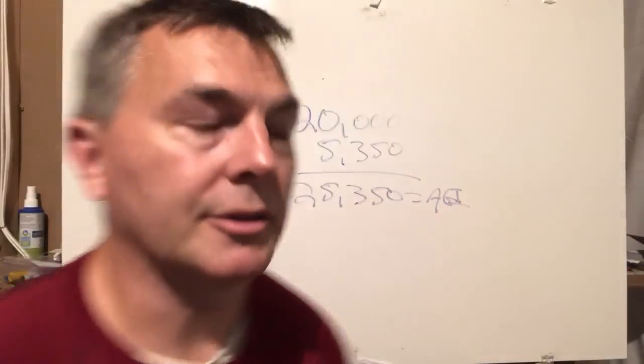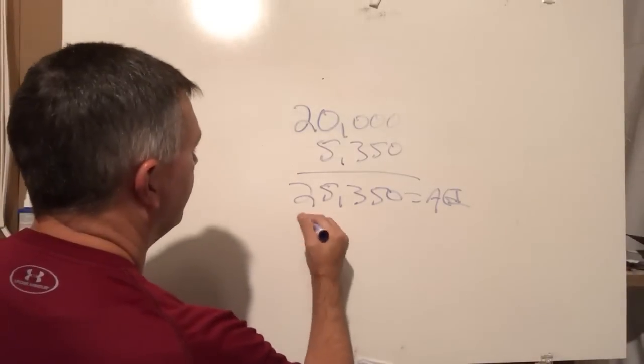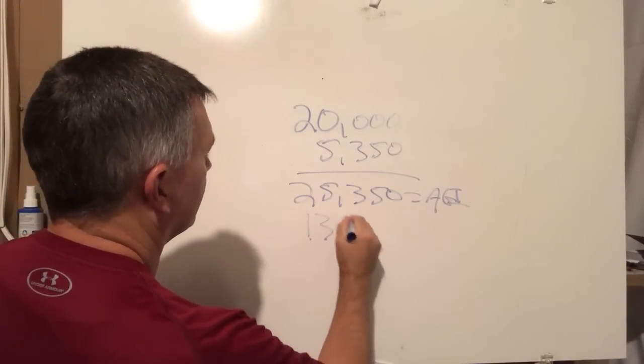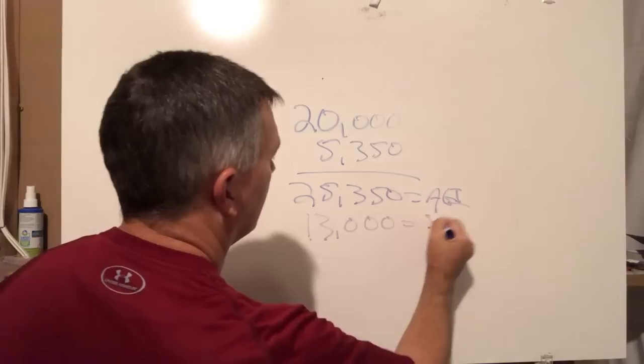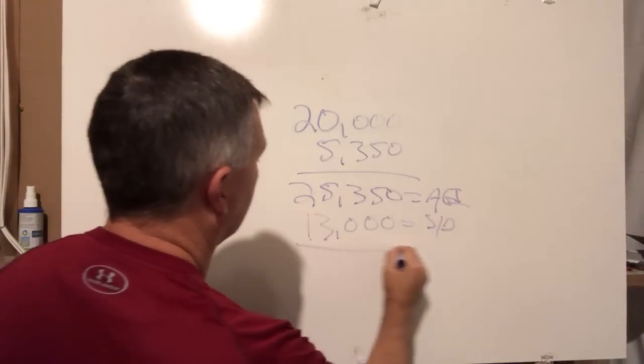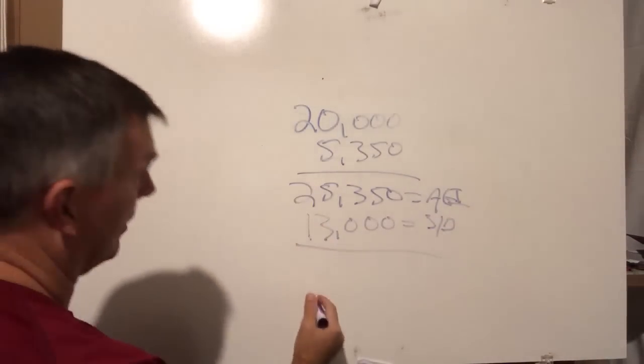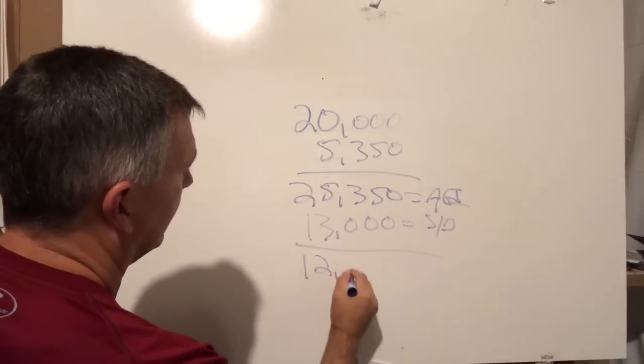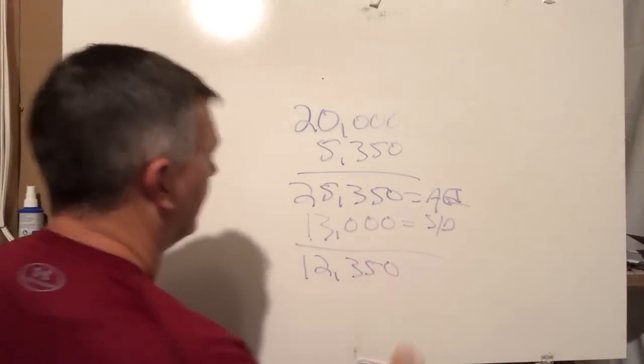We're going to say there's a $13,000 standard deduction, and that gives us a taxable income in this case of $12,350.